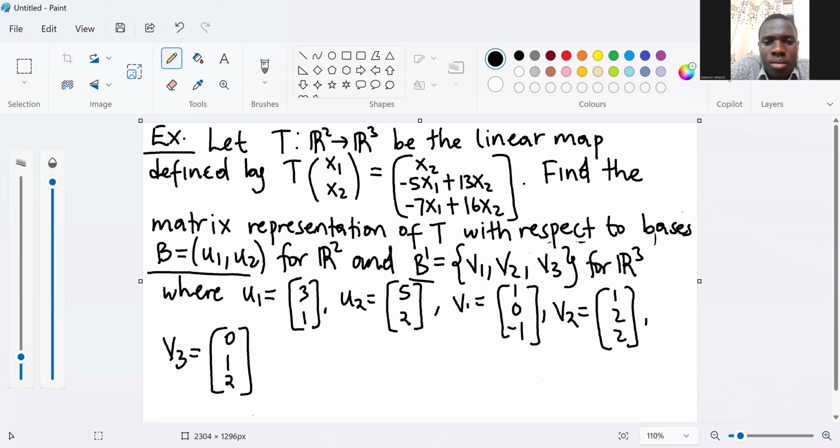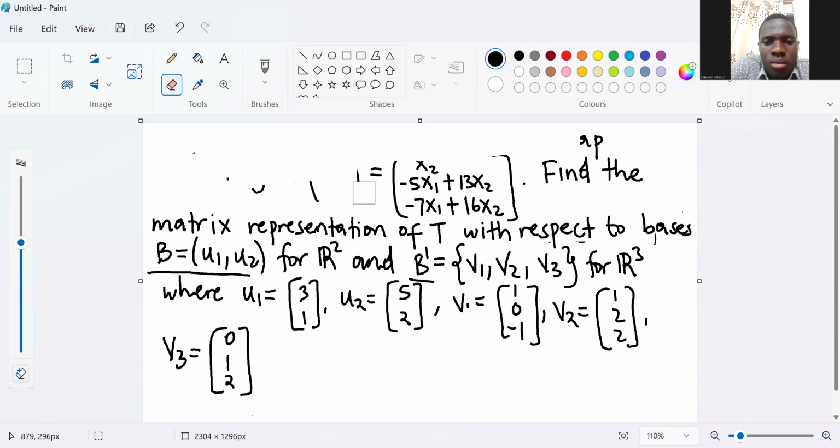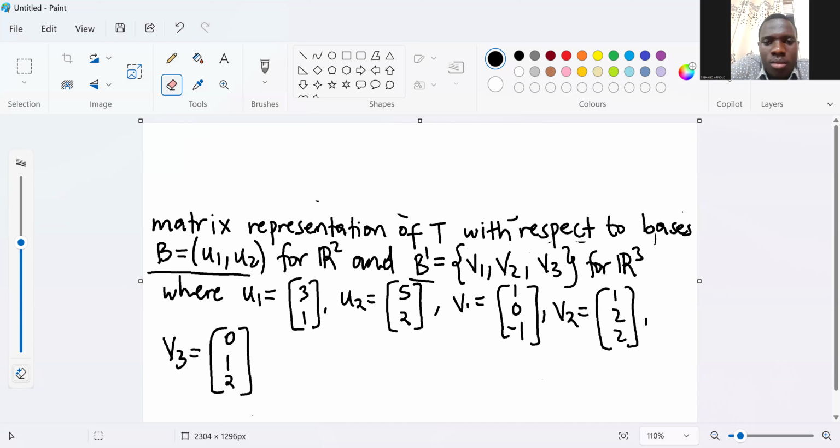Now you see that here I have B, which is made up of U1 and U2. From that definition of the matrix T, which you have there, this is what we are supposed to obtain. We are supposed to determine, so we find the following.